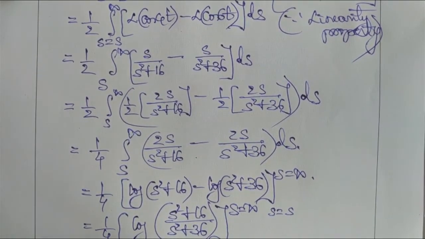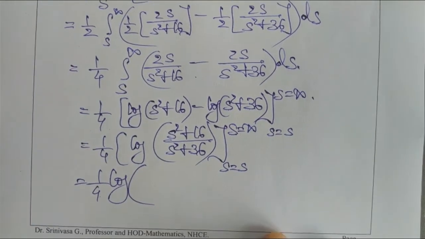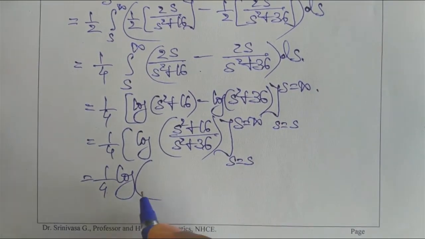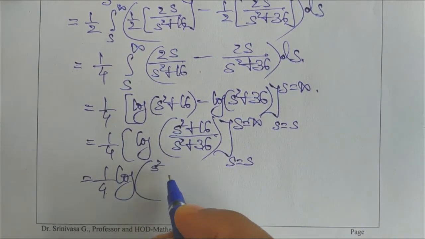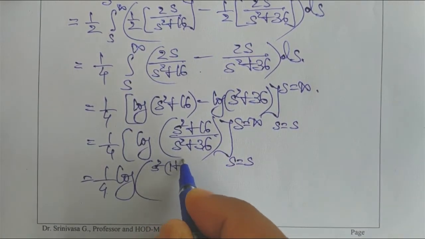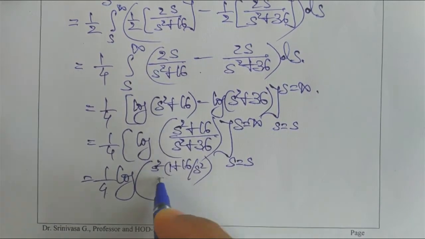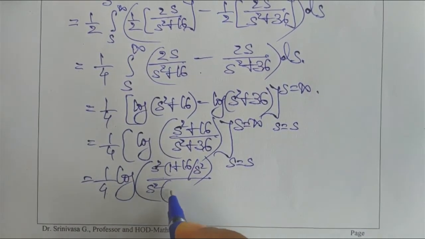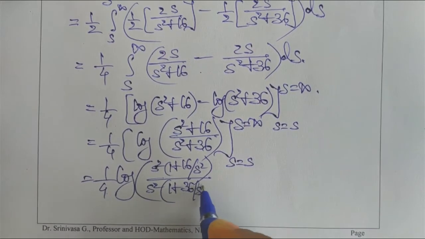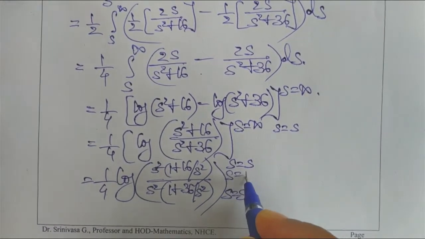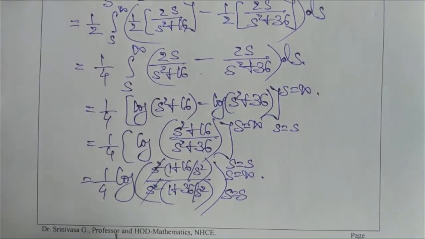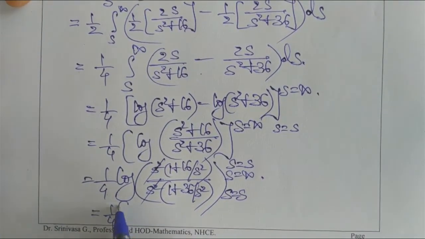Now 1 by 4, taking s square as a common factor from both the numerator and the denominator, we get s square into 1 plus 16 divided by s square, divided by s square into 1 plus 36 divided by s square, from s to infinity. The s square cancels.